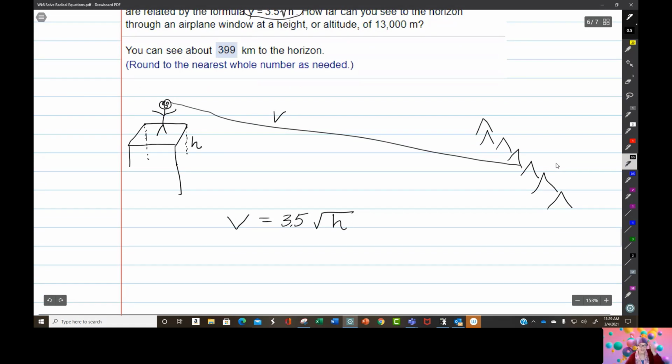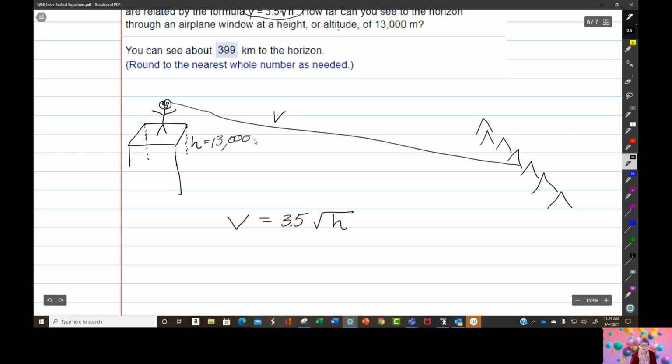I should have read the whole thing. Okay. How far can you see to the horizon through an airplane window at height or altitude 13,000 meters? We do have to change our story. You are suddenly 13,000 meters above the ground.